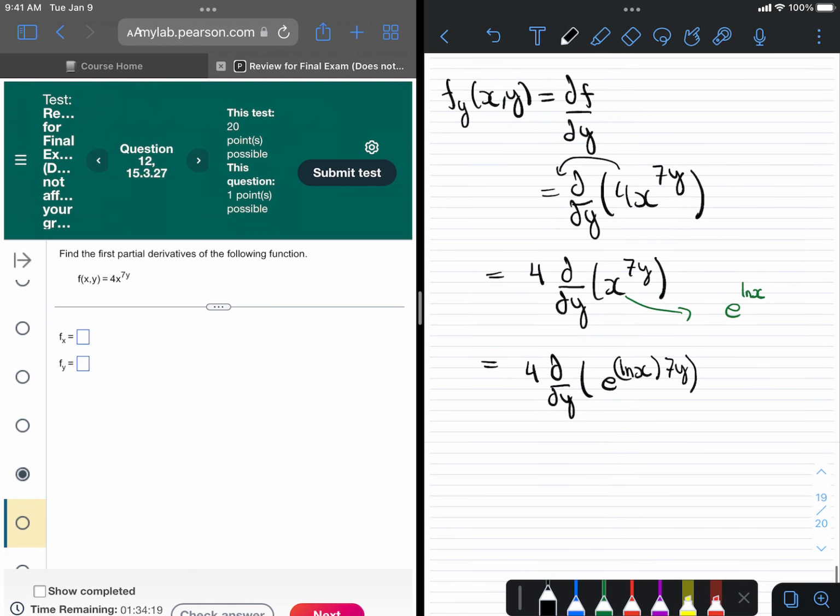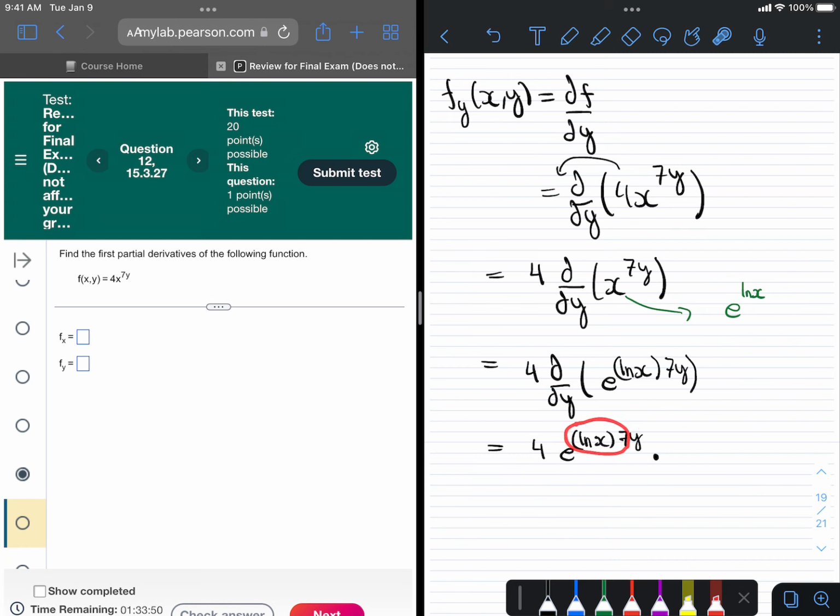So now I'm deriving an exponential function, e to some power. The derivative of e to the u is just e to the u again, times the derivative of u, which is the exponent. So the derivative of the top, remembering that y is the only variable and the rest is a constant.